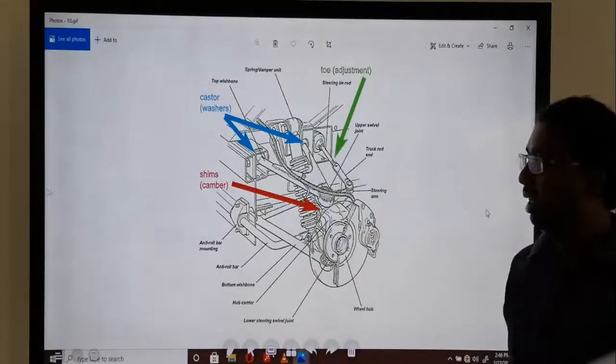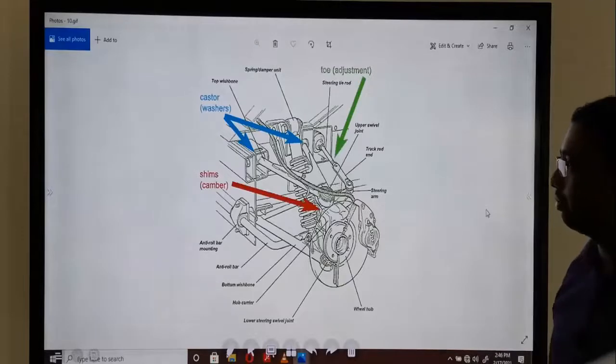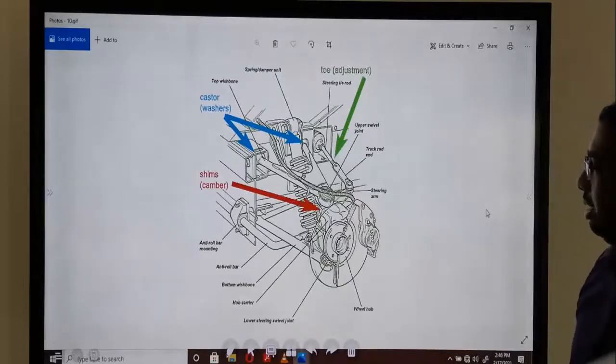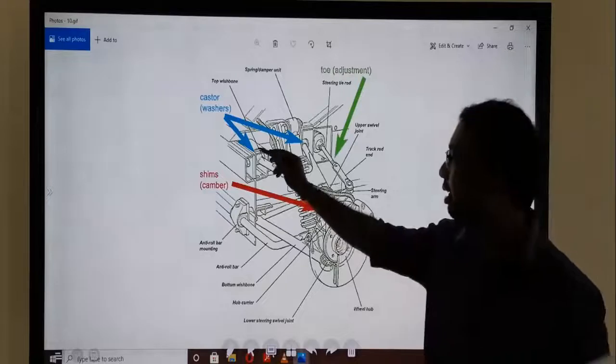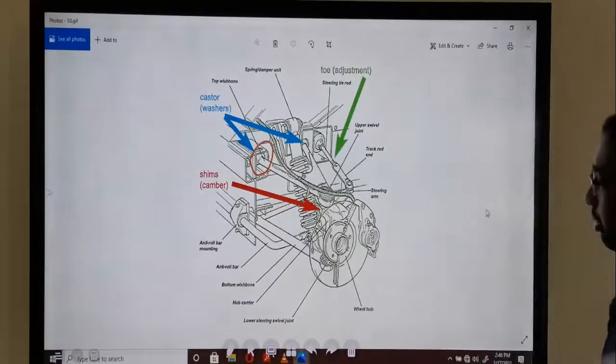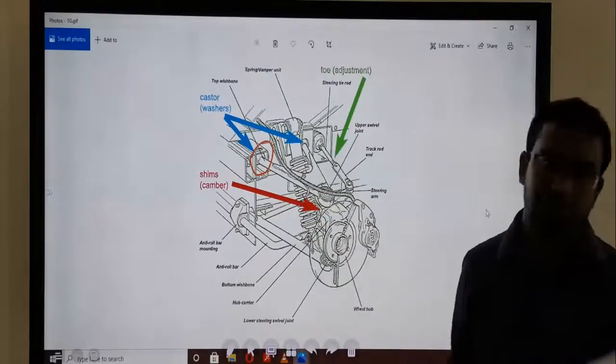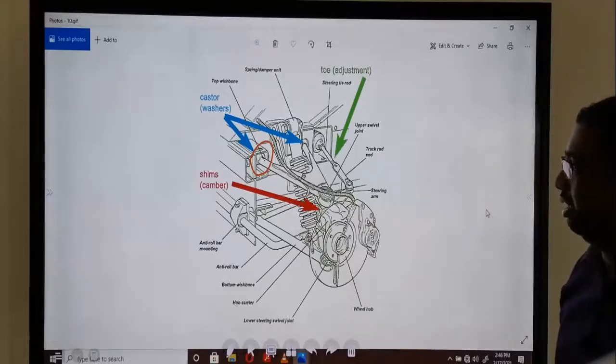Here we adjust the camber. Caster we adjust here, where the upper arm is connected with the body chassis, at the cross member.